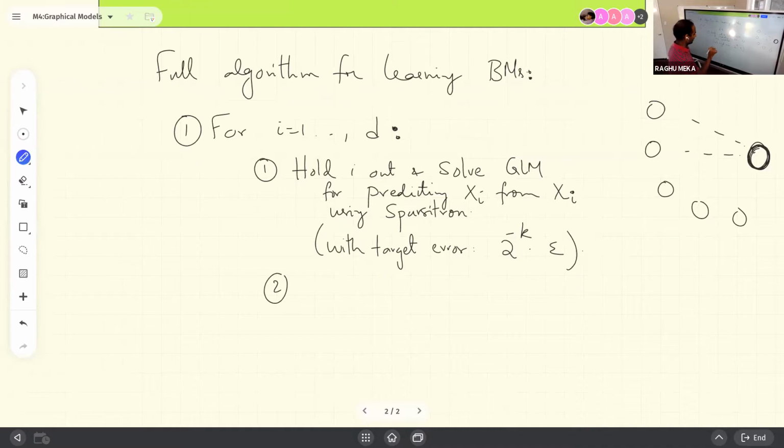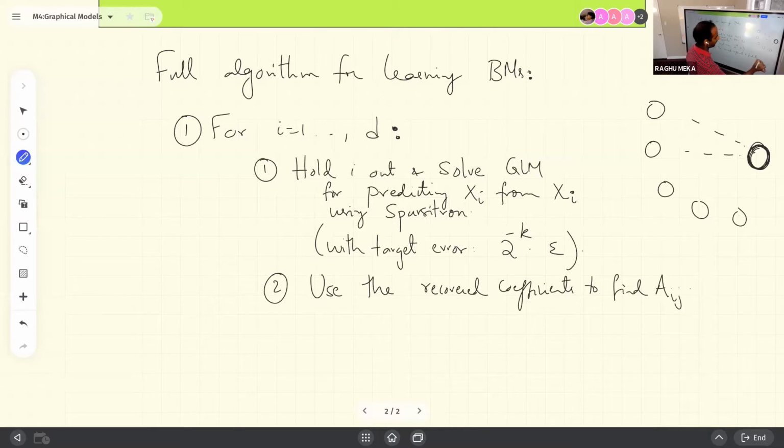And use the recovered coefficients to find A_ij. Right? So basically, if I found some vector W_i in my regression, then I'm going to set A_ij to be, I think, minus half of this.